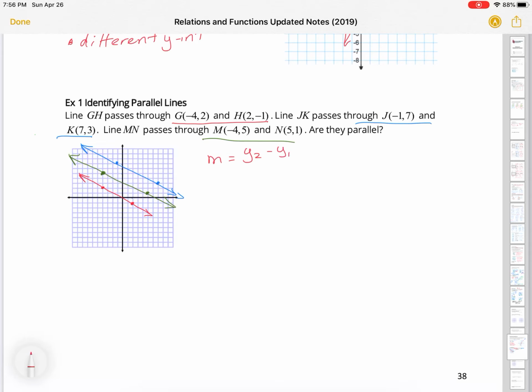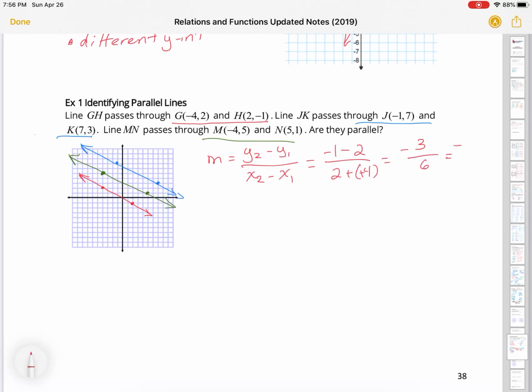So let's do the first one. Remember, the slope is equal to y2 minus y1 over x2 minus x1. So using that for G and H, I'm going to have -1 minus 2 over 2 minus -4, right?